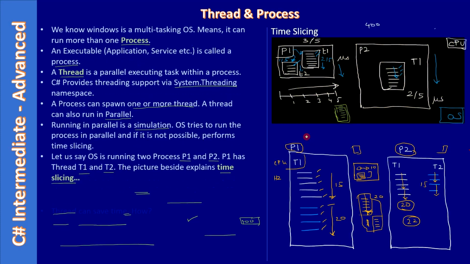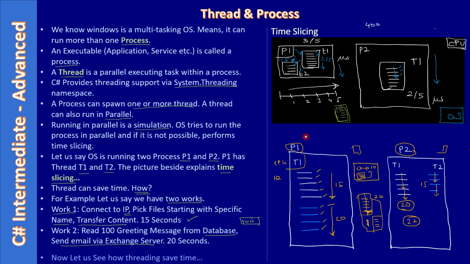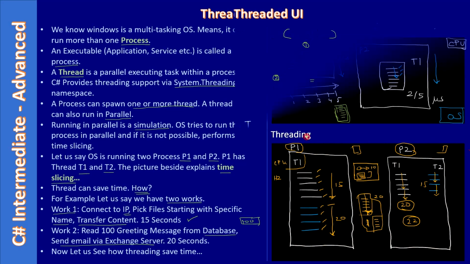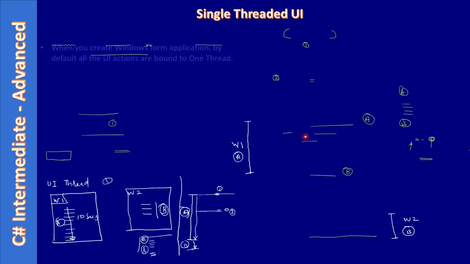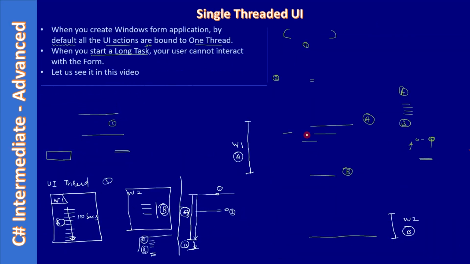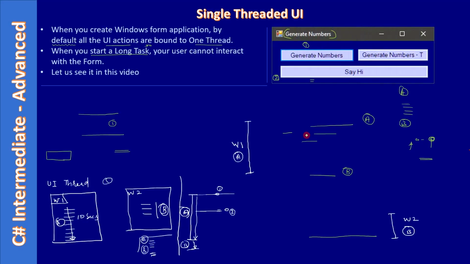So first we learned about the basics of threads. Then we saw how a single threaded UI blocks the user interaction when some long running task is going on.